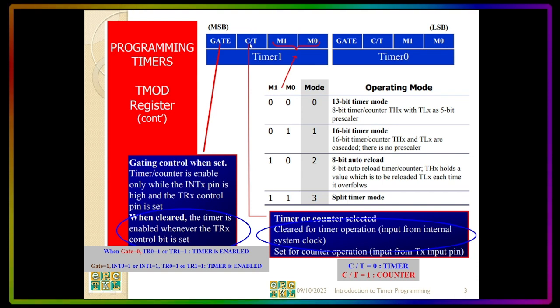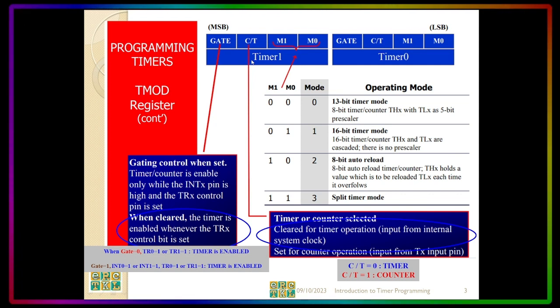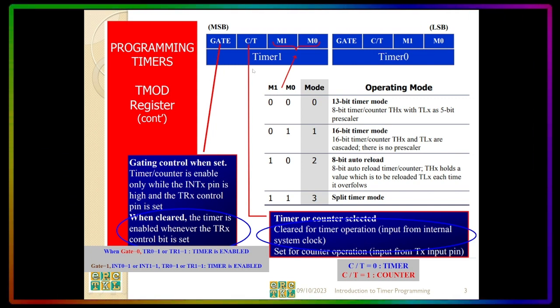So C or T must be equal to 0 so that we will be using the timer as a timer and not as a counter. Now, when you make C or T equal to 1, then it's not used as a timer anymore, but instead it will be used as a counter.